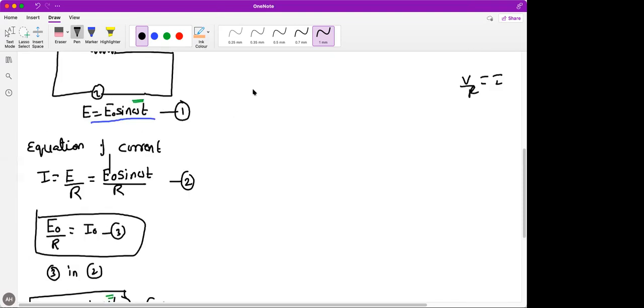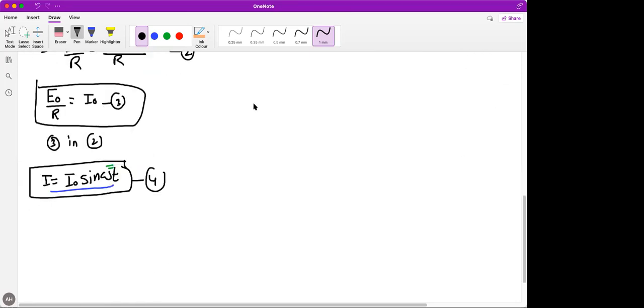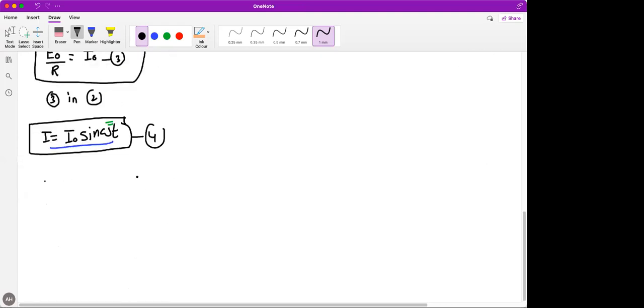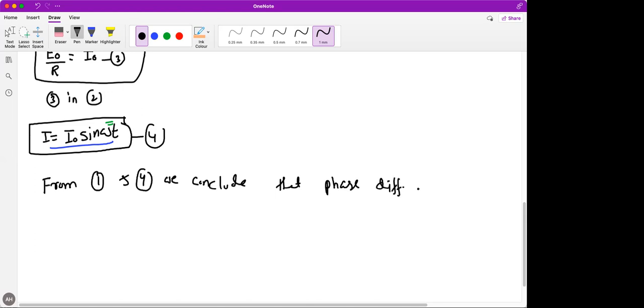From equation 1 and 4, we conclude that the phase difference between EMF and current is here.